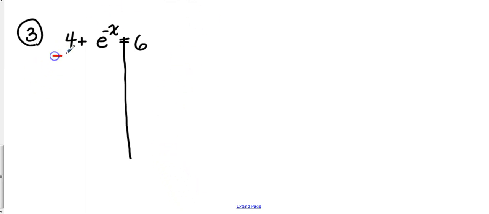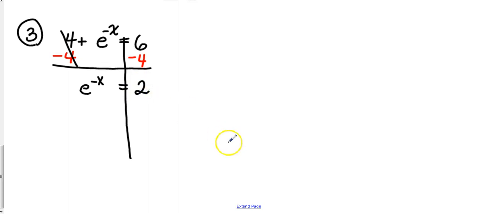So we will subtract 4 from both sides. As soon as I see e, I always want to think of its inverse, which is natural log. So this is as isolated as I can get this power term. We are now ready to take the natural log of both sides.